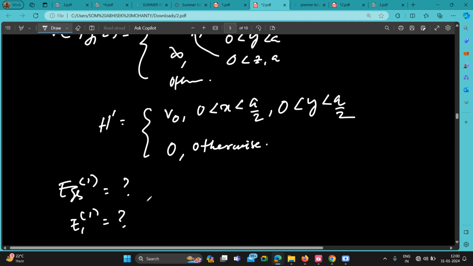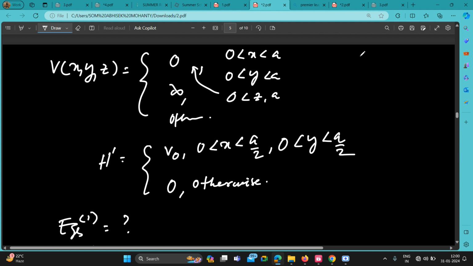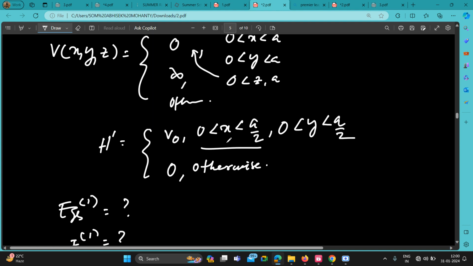So see, we have to see this is like a cubical well, and in the x-axis 0 to a by 2 is perturbation, 0 to a by 2 in the y-axis is perturbation. There is no perturbation in the z-axis. So how can I write it here?